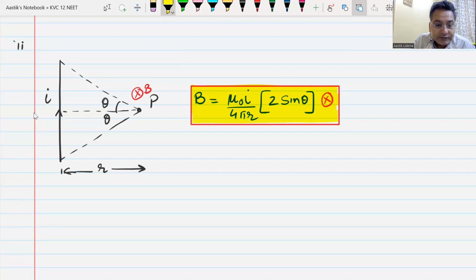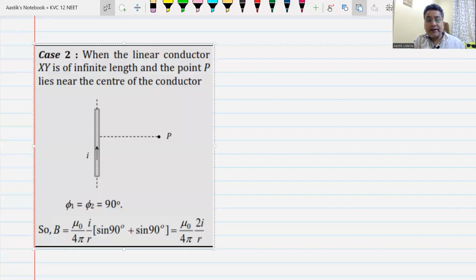Let me move on to the next case. Now I have an infinite conductor.